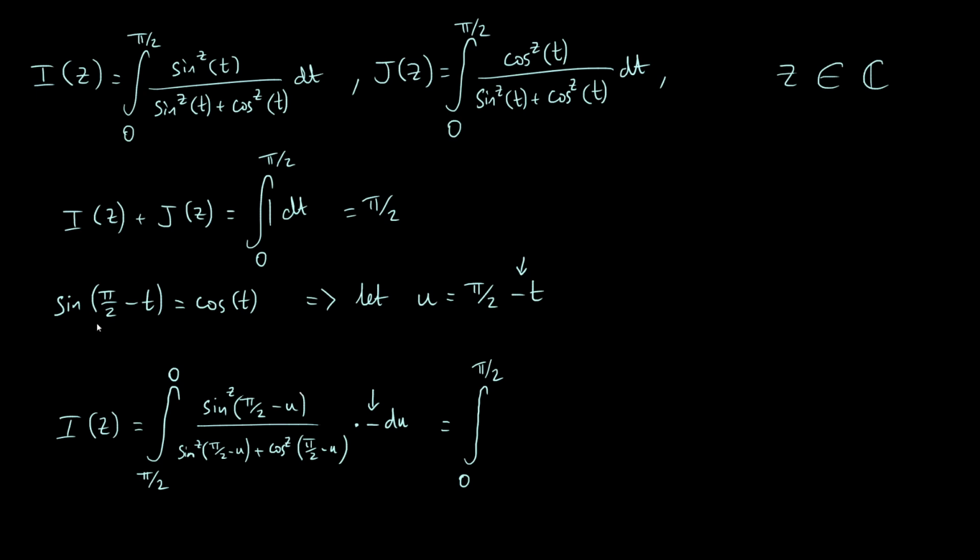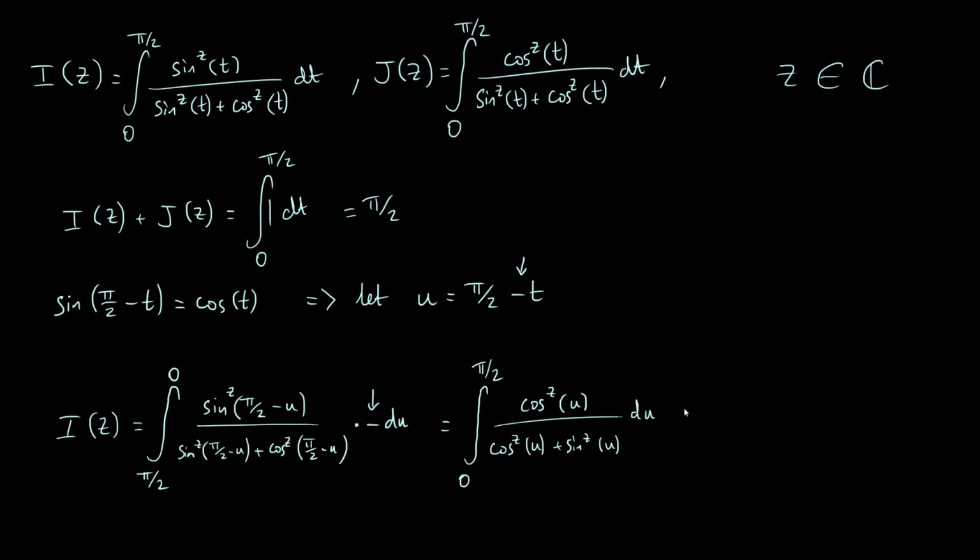of, now I'm going to use this fact that sine of pi over 2 minus t is cos of t, or equivalently sine of pi over 2 minus u is cos of u. So the top is going to just be cos to the power of z of u, right? And similarly, we're going to get cos to the power of z of u and sine to the power of z of u on the bottom.